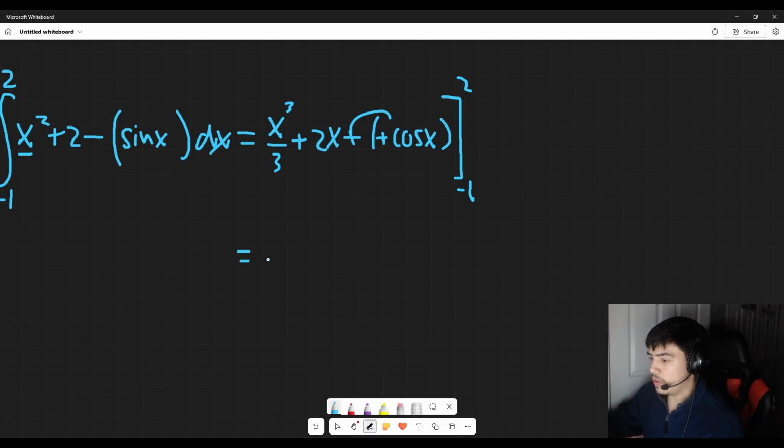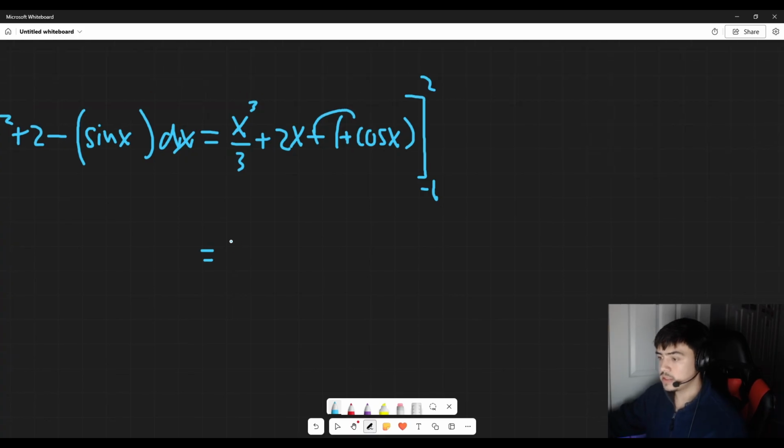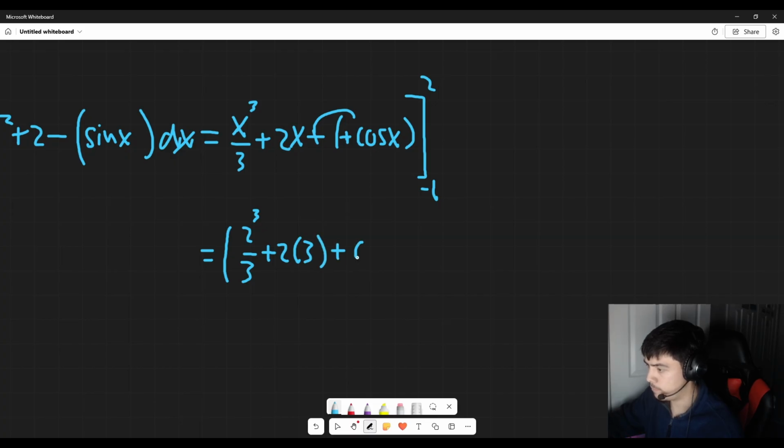Let's go ahead and move down here. Let's plug in our top bound now. So we're going to get 2 cubed over 3 plus 2 times 2. Sorry, 2 times 2. My mistake. Plus cosine of 2.